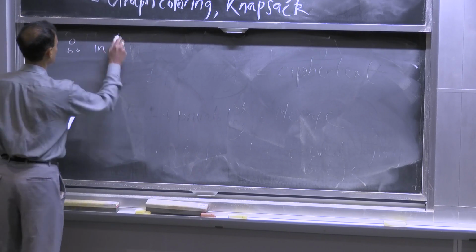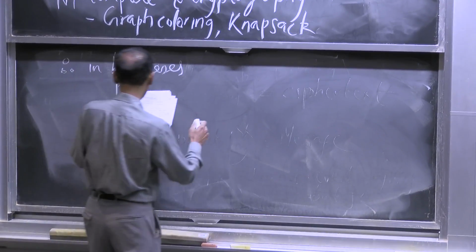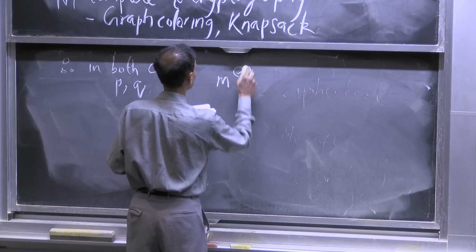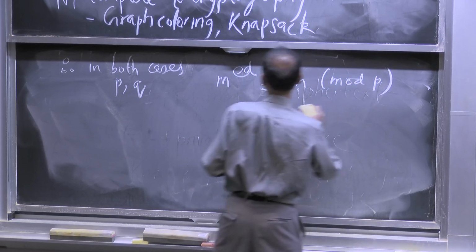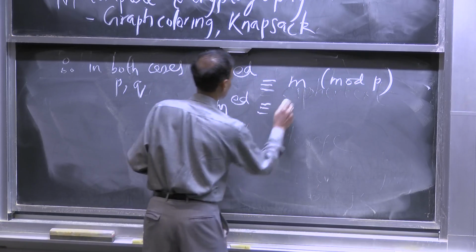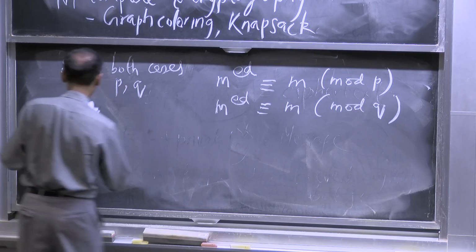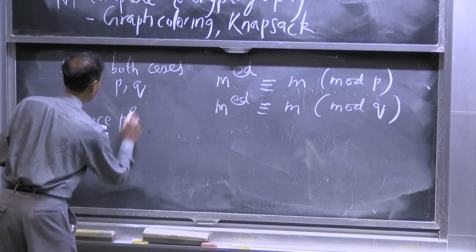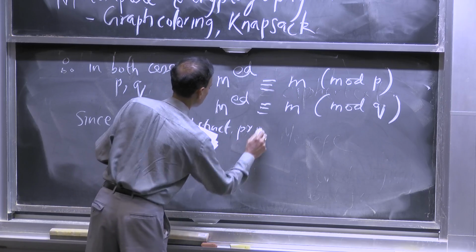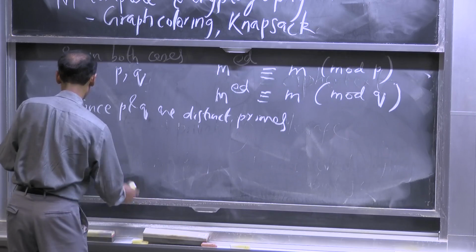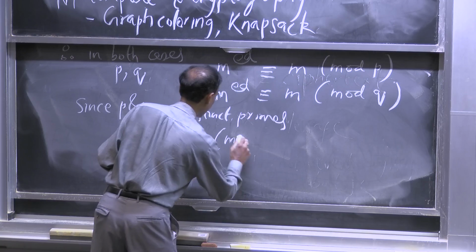So in both cases of p and q, so when I say both cases, I mean the p case and the q case, I have m raised to ed equals m mod p, and m raised to ed is the same as m mod q, right? And since p and q are distinct primes, we can say that m raised to ed equals m mod n.